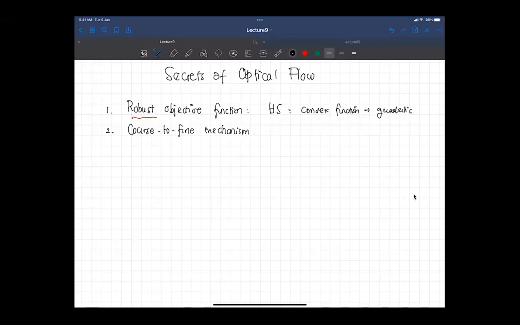So, for example, the robust objective function. In deep learning, we normally have a loss, and this loss is actually an objective function. And many people use quadratic loss, or just MSE loss.